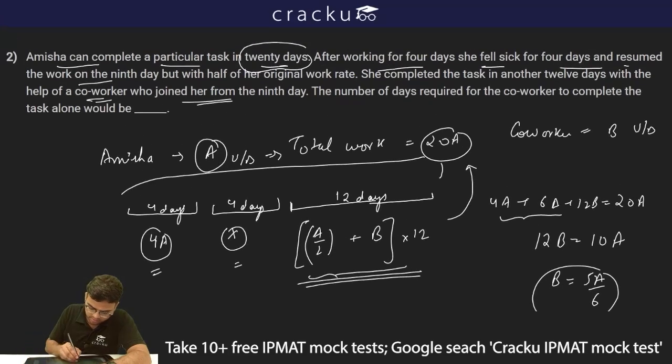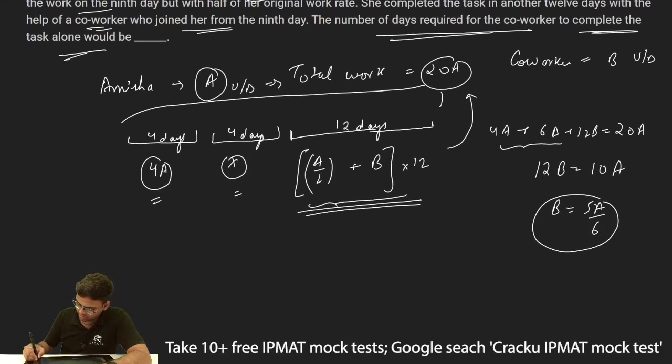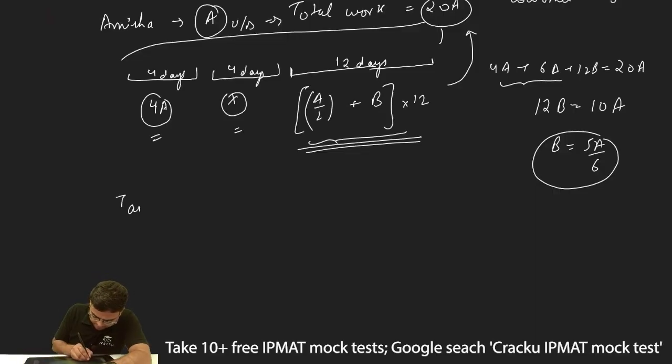We need to find out the number of days required for the co-worker to complete the task alone. So what is the total task? The task is 20A units of work, and efficiency of co-worker is 5A by 6 units per day.